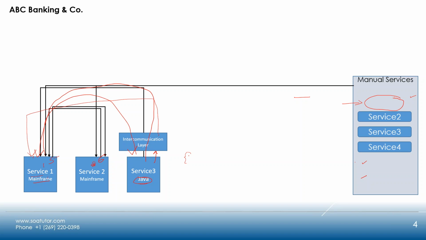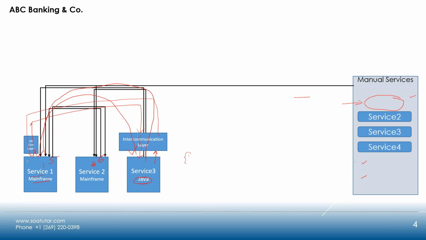Service 1 replies back with a response to the communication layer, and then the communication layer translates it into a Java specific format and sends it back. So this is one way communication from Java to mainframe. Similarly, service 1 also has to talk to service 3, right? So how does that happen?